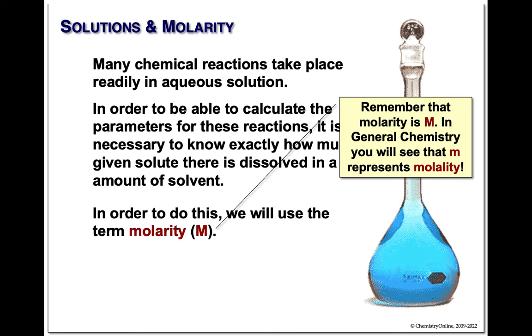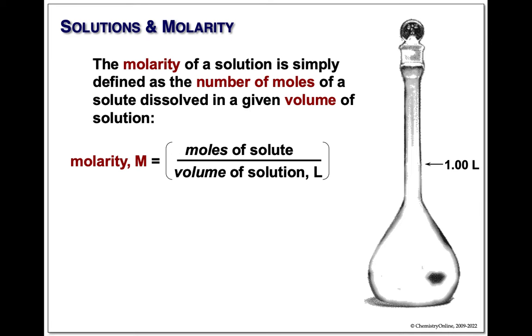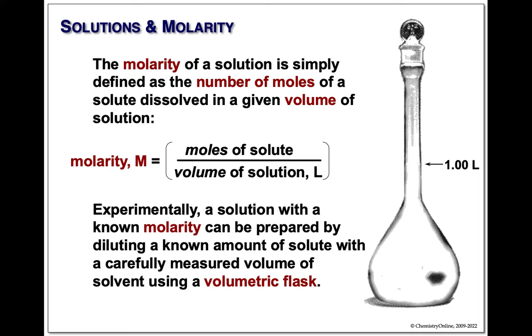To make our solution, we start off with our volumetric flask. Remember, molarity is moles over volume in liters. First we weigh out some substance so we know the number of moles, and we put it in our flask.